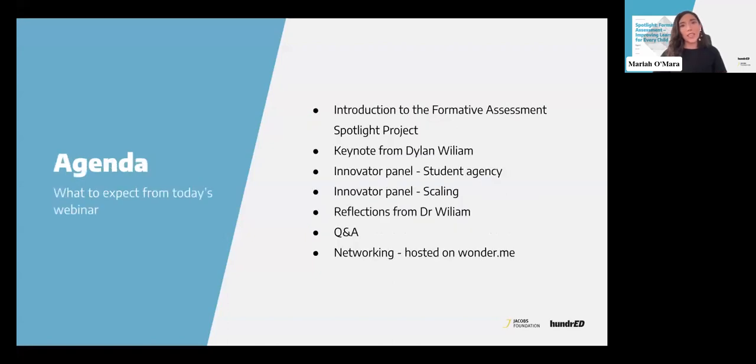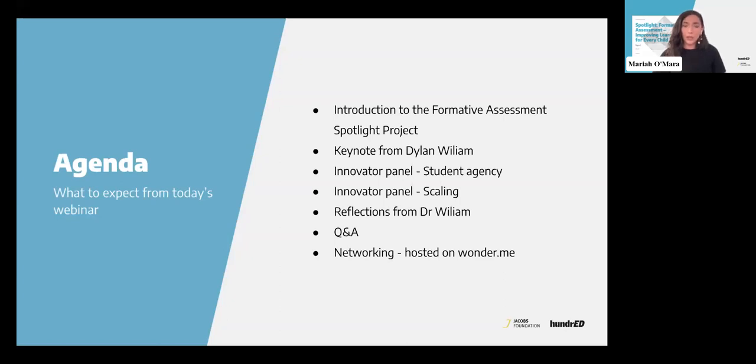So to give you a sense of what to expect in today's session, you can now see a breakdown of the agenda on your screen. To start off, we will have a discussion with the Spotlight partners from both 100 and the Jacobs Foundation. And then we will hear from Dr. Dylan Wiliam on the topic.